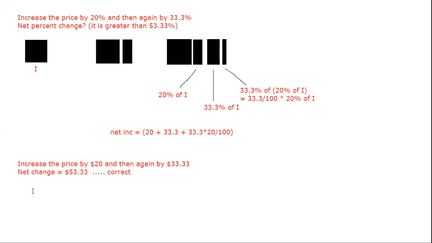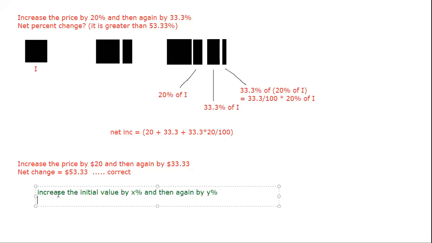If I increase the initial value by x% and then again by y%, my net percentage increase is x plus y plus xy upon 100%. Clear?